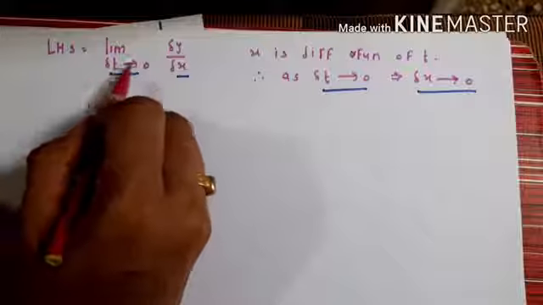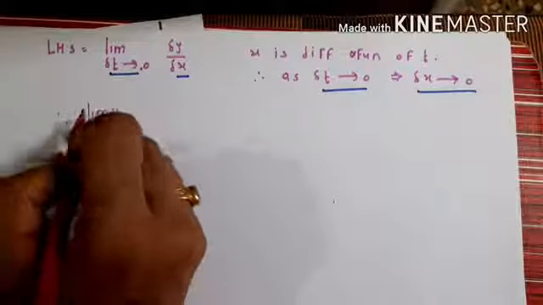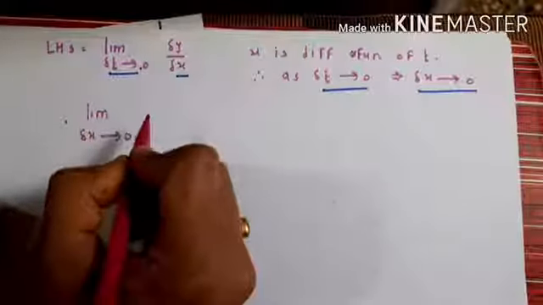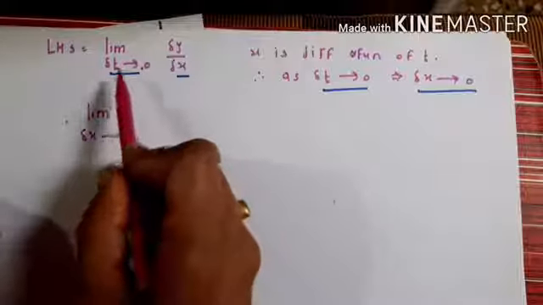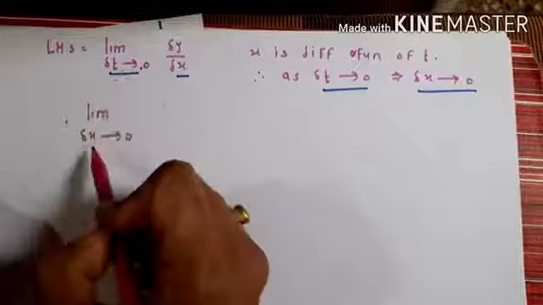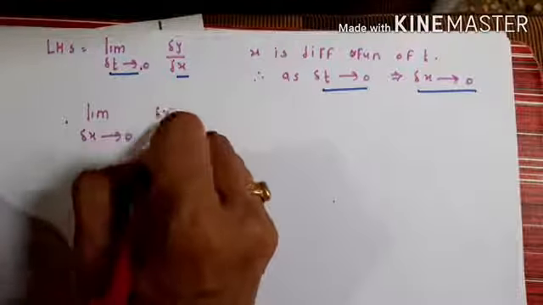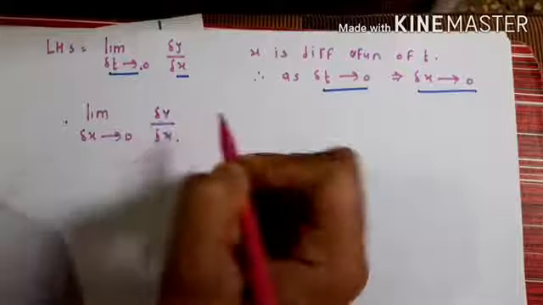Instead of writing delta t tends to 0, we can write limit delta x tends to 0, because x depends upon t, as delta t tends to 0, delta x tends to 0. And this is delta y upon delta x.